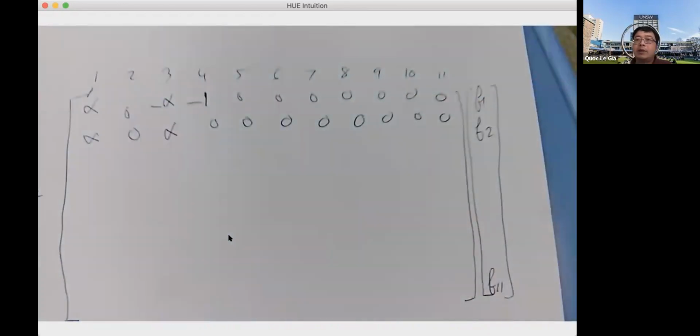It's a bit tedious, but that is what the real application is. And it's a sparse matrix, because you see there's a lot of zeros in the linear system. Now you can use MATLAB to solve this linear system.